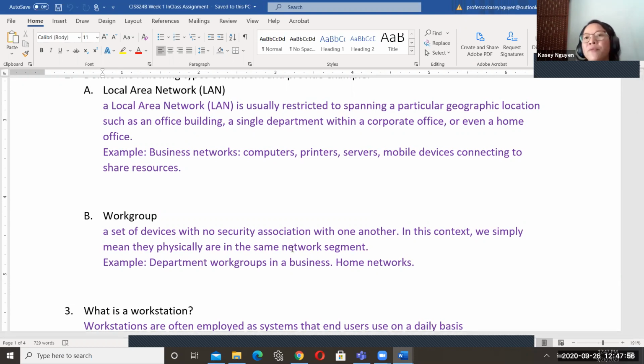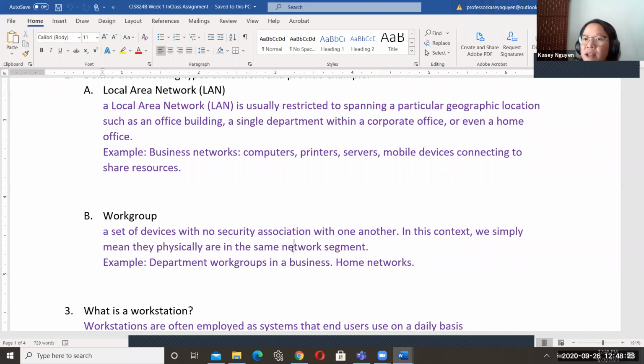So for example, if you go to Moreno Valley campus, the college campus, if you go to one of the computer labs, or even the library, and you're trying to use a computer in the library. The computer in the library belongs to a segment, and that segment is dedicated for those systems.